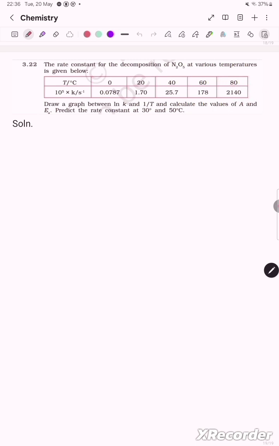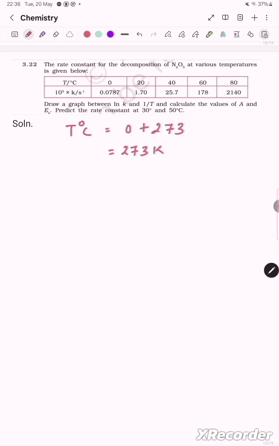So how to convert? Temperature is given in Celsius, so simply you have to add 273 to each temperature. So 0 becomes 273 Kelvin.